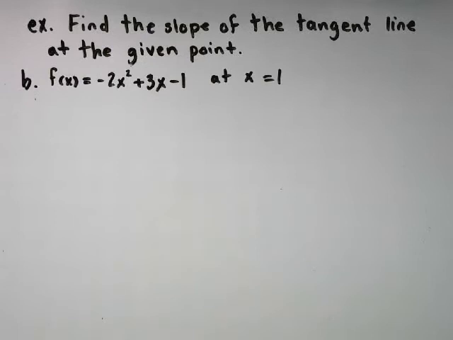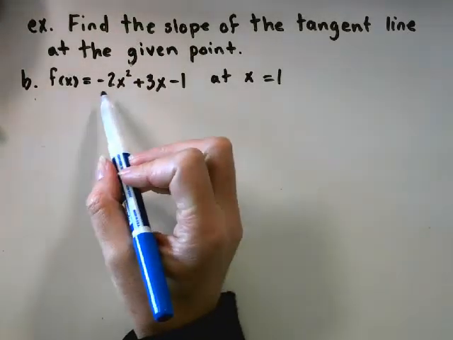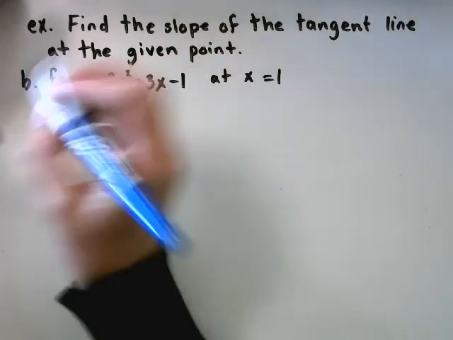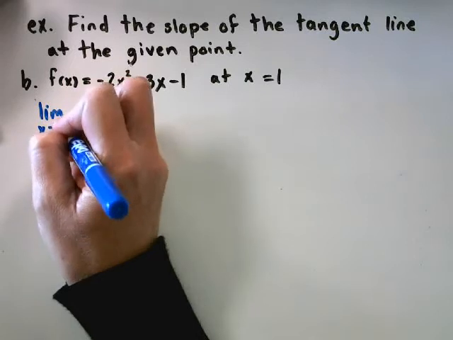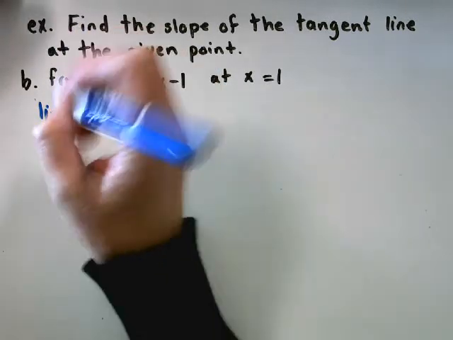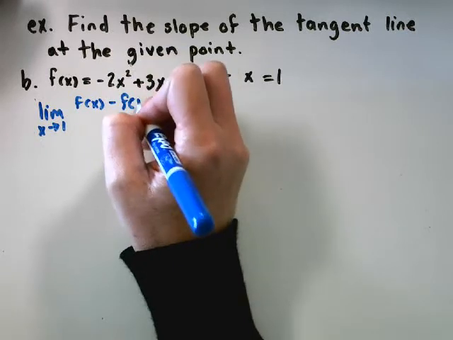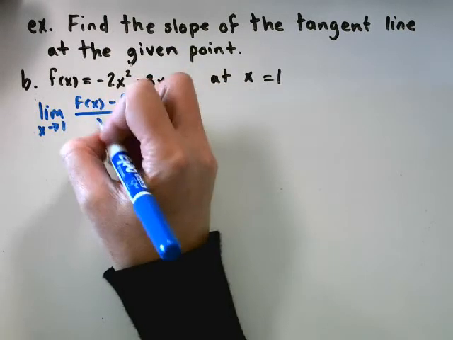All right, so same question, new function, new point. Now I encourage you to try this one on your own, see if you can get the right answer. Okay. So we're going to have the limit as x goes to 1 of f of x minus f of 1 over x minus 1.